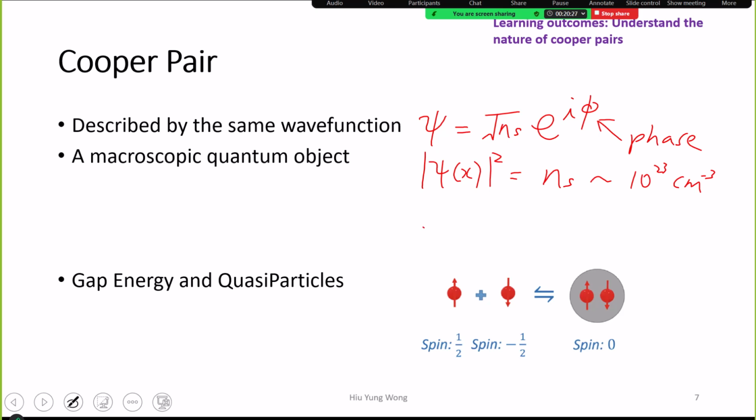This is the number of electrons I have per cm cube of metal, right? This is the typical number. If you forgot, the density, number of atoms per cm cube, is about 10 to the power 23. Just take this for granted. So the number of electrons is also in this order. Cooper pairs, divided by 2, still in this order.